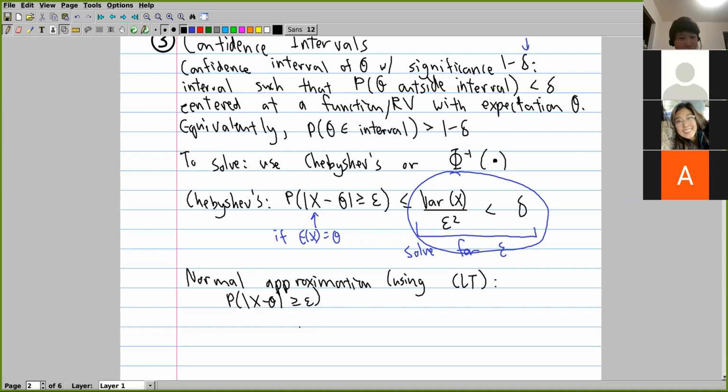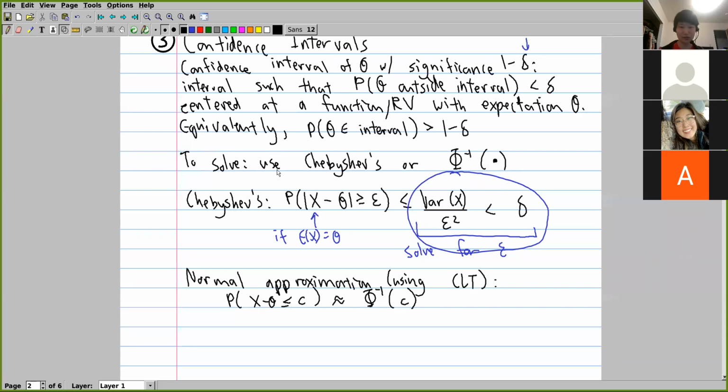Sorry, CLT can be one-sided or two-sided. Okay, something like this. I'll wait a minute or so for more people to trickle in because Berkeley time has just started.